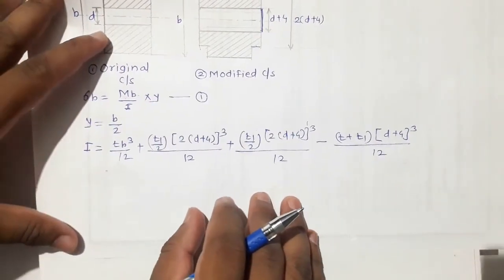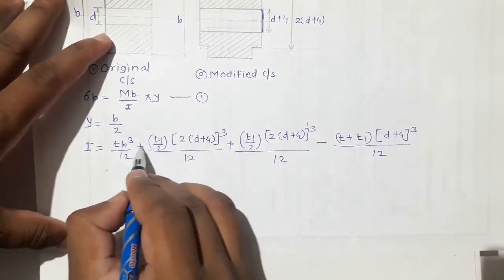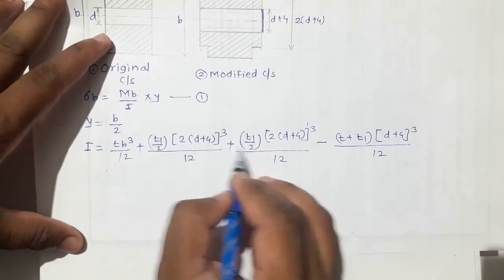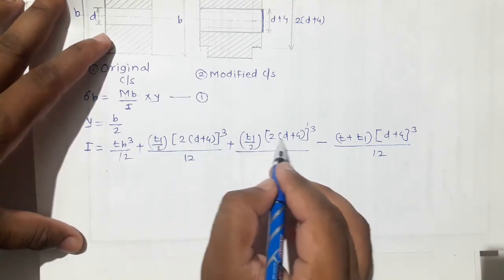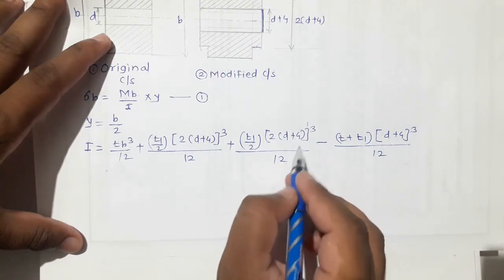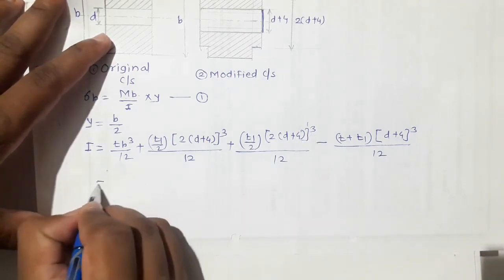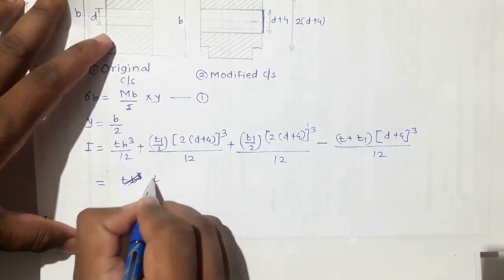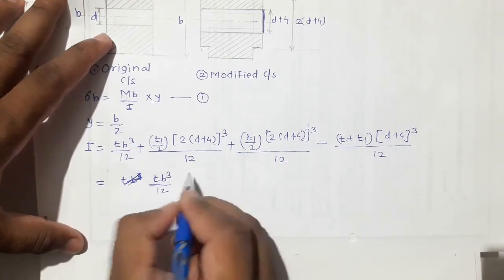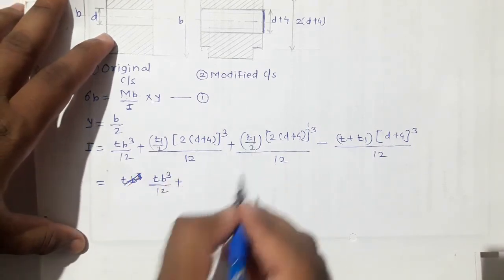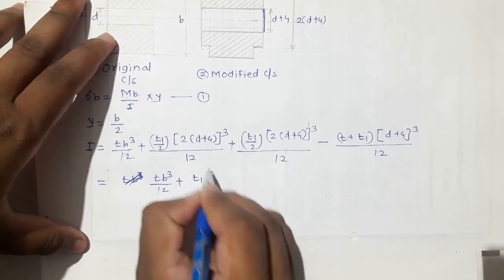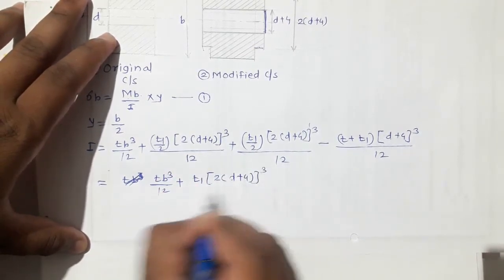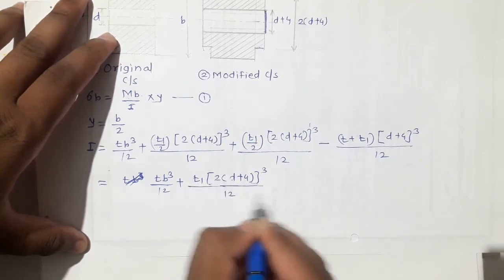Now we can modify this equation. We can add these terms because we can take the common T1 by 2. T1 by 2 is common, twice D plus 4 cube upon 12 is common, so we can add this. So TB cube upon 12 as it is, and T1 by 2 plus T1 by 2 is T1, and the remaining term is the same, twice D plus 4 cube upon 12.